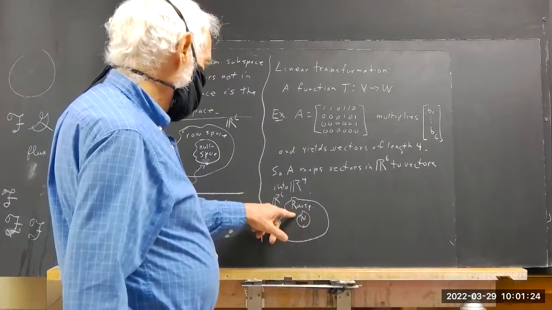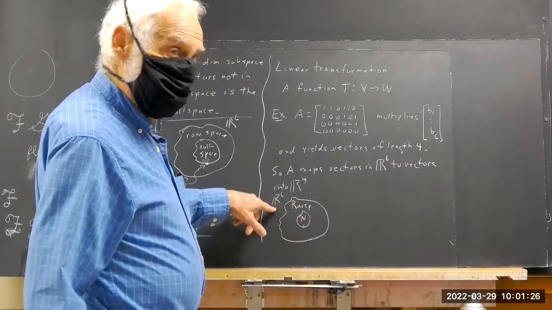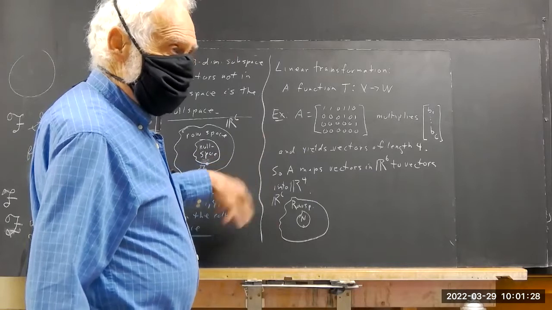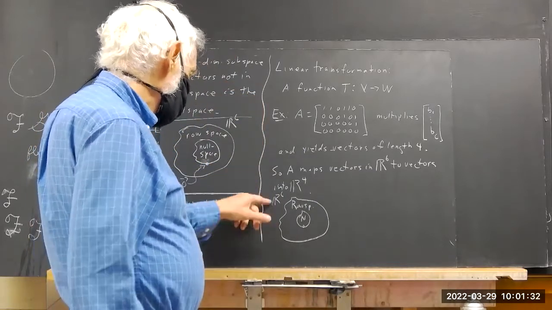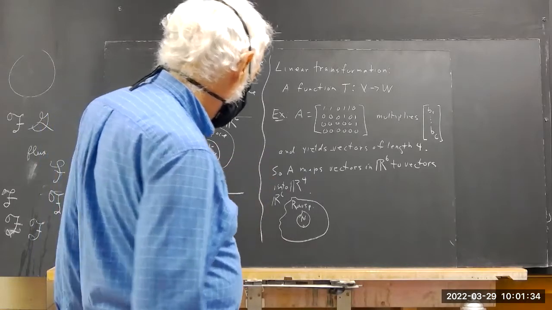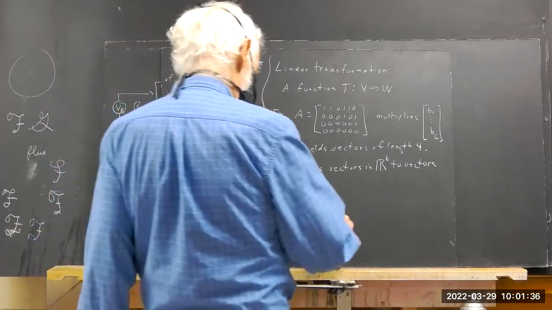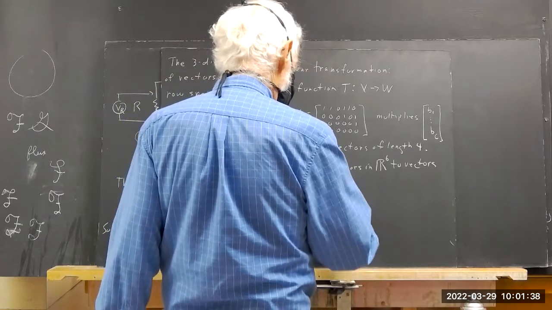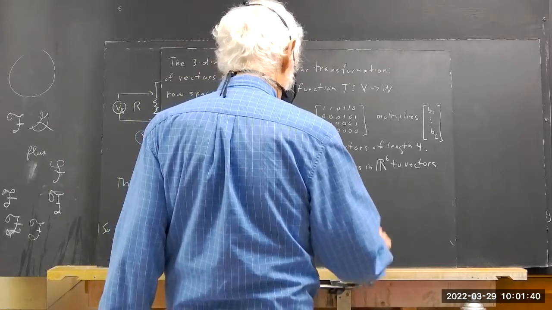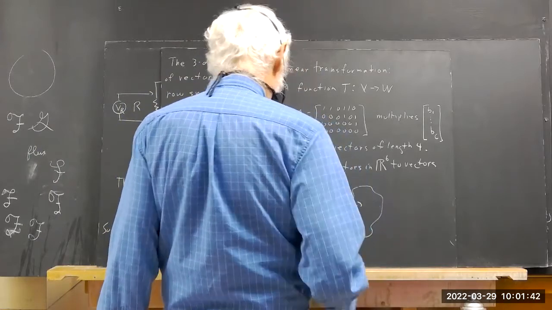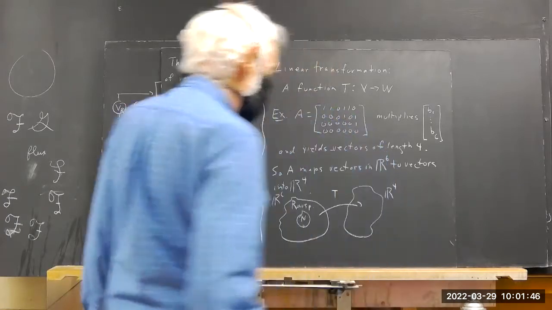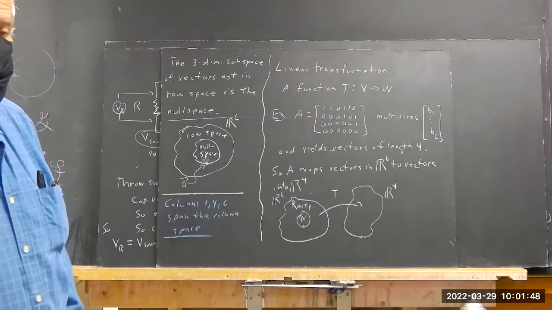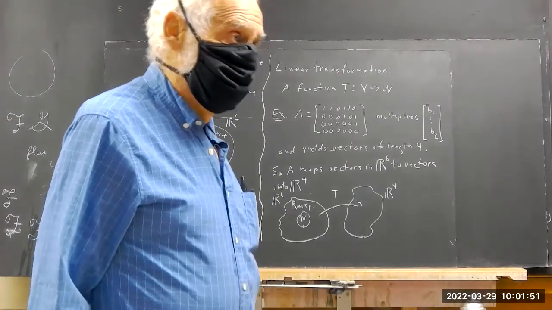You want to put just an R there because you might get confused with this R, even though this R's got a fancy extra column, whatever you want to call that thing. Okay, here's your row space. Your transformation takes you over into R4. Makes sense?